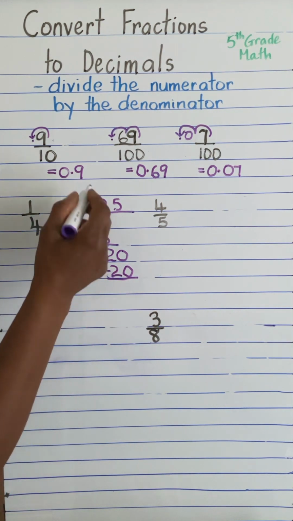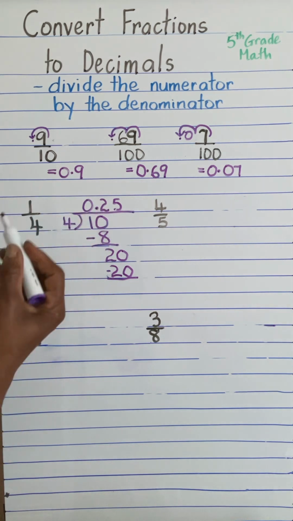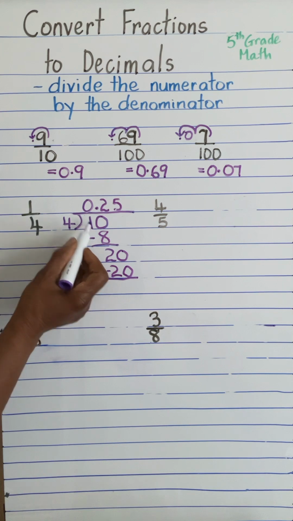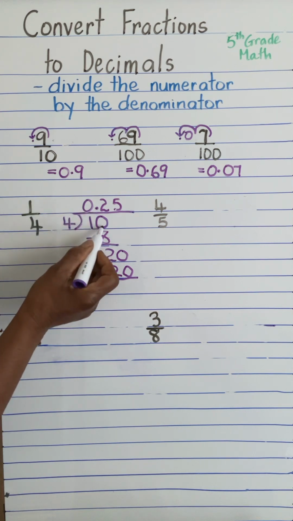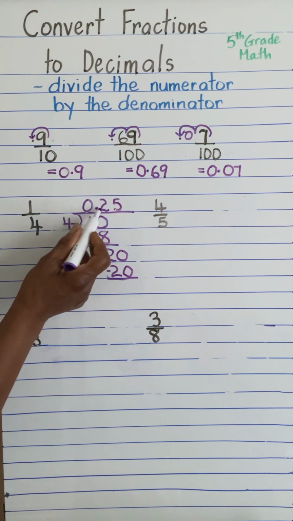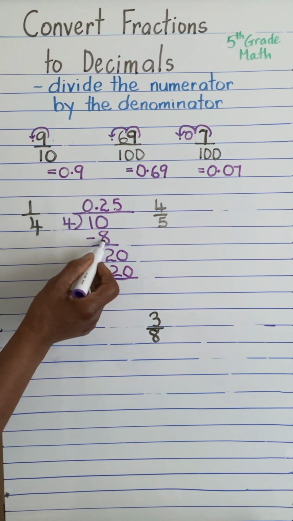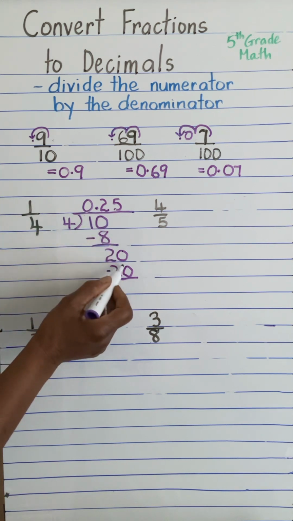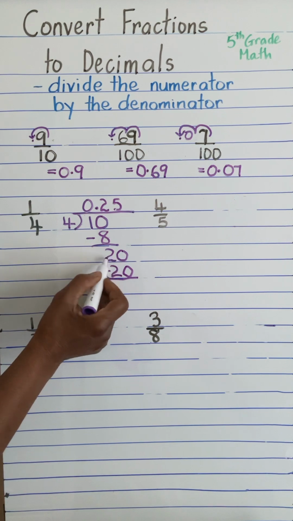Multiply 5 times 4, 20. Subtract. So let's go over this one since we had forgotten about the 2. How many times can 4 go into 1? It's no times, so we put a point and add a 0. How many times can 4 go into 10? That is 2 times. We multiply 2 times 4, 8, and then we subtract, and we get 2. We add another 0, and we have 20.